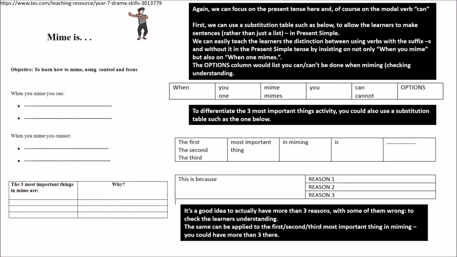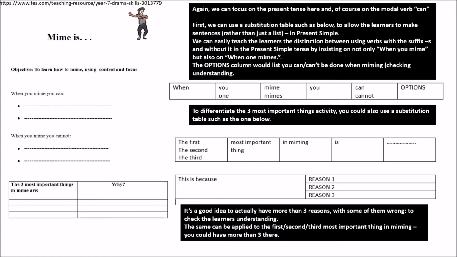Why not extend this one to a choice between "when you" and "where one"? This way, you teach them that "one" is not just a number, but can be an equivalent to singular "you" or "somebody." It will also check the learner's understanding that whilst the present verb mime, when following "one," will take the s suffix, there is no s when it follows the pronoun "you."